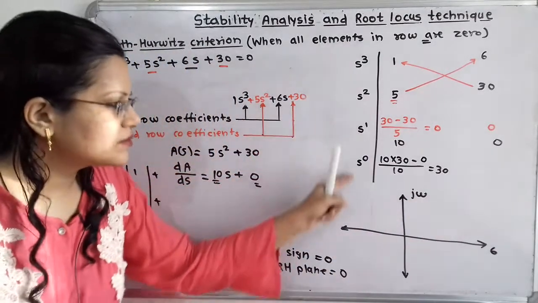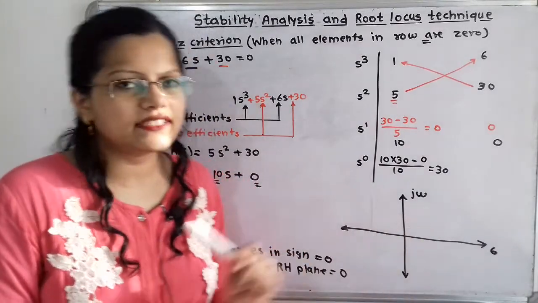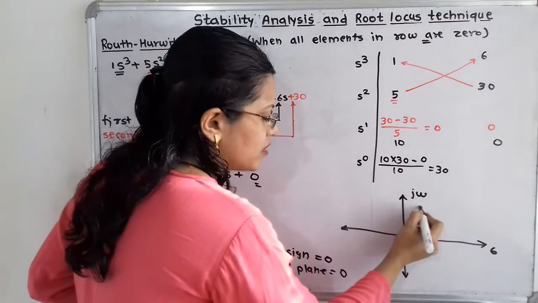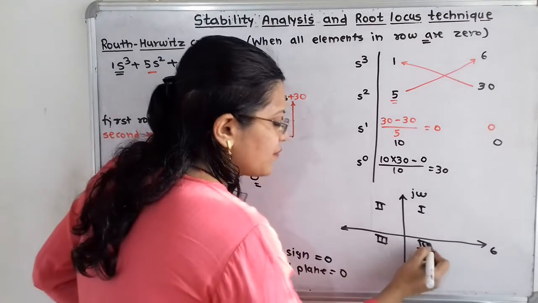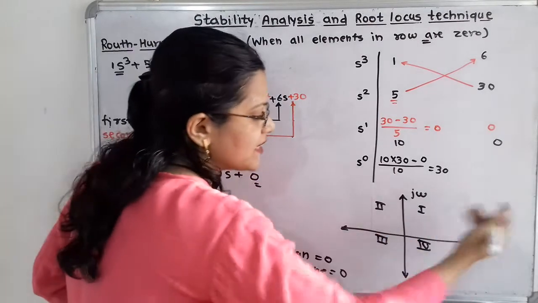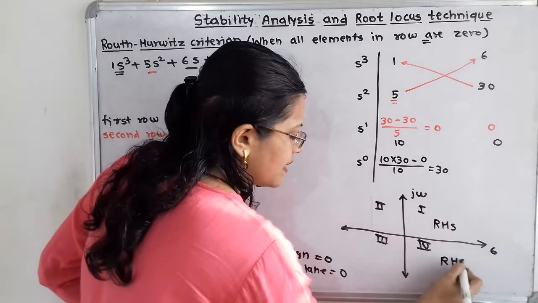What is the right hand plane? Suppose there are 4 quadrants, first, second, third and fourth. The first quadrant and fourth quadrant form the right hand side plane, RHS.